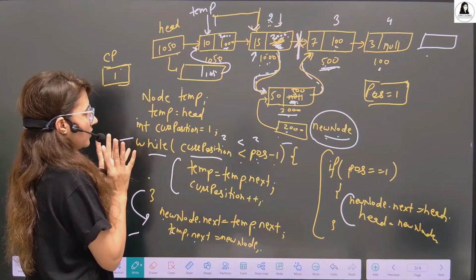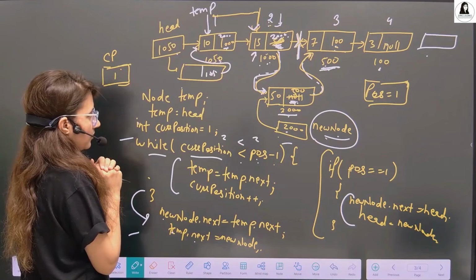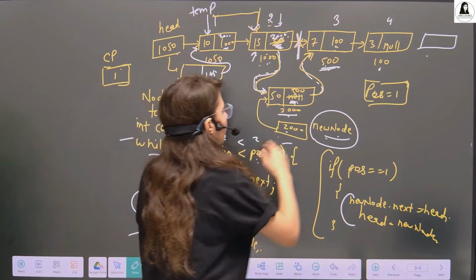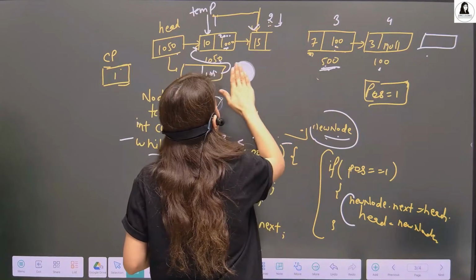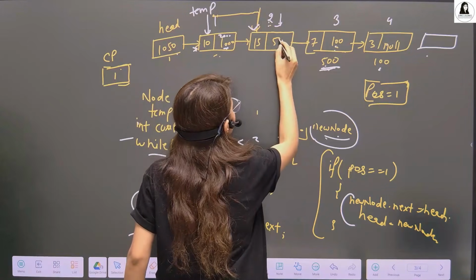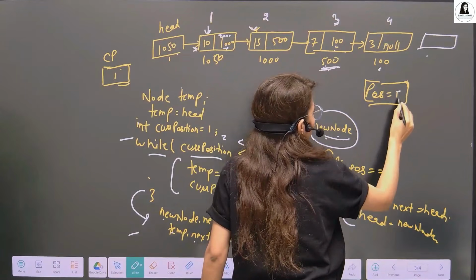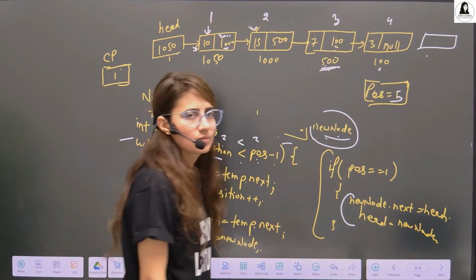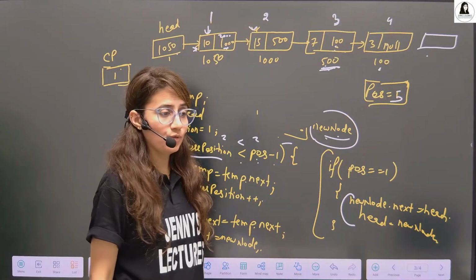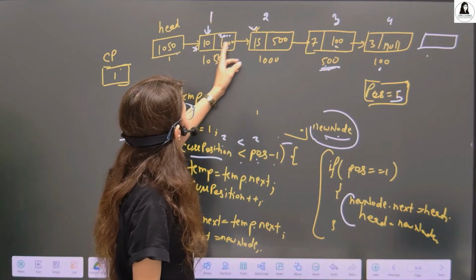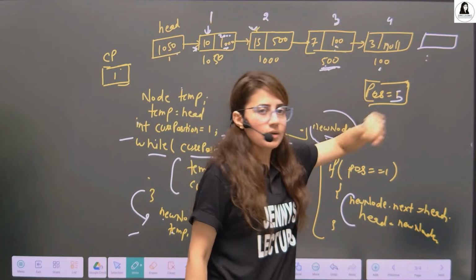Have to insert at a specific position, any position. Suppose position is given 5, then how does it work? Will this code work or not? So 5 is 1, 2, 3, 4, somewhere here.